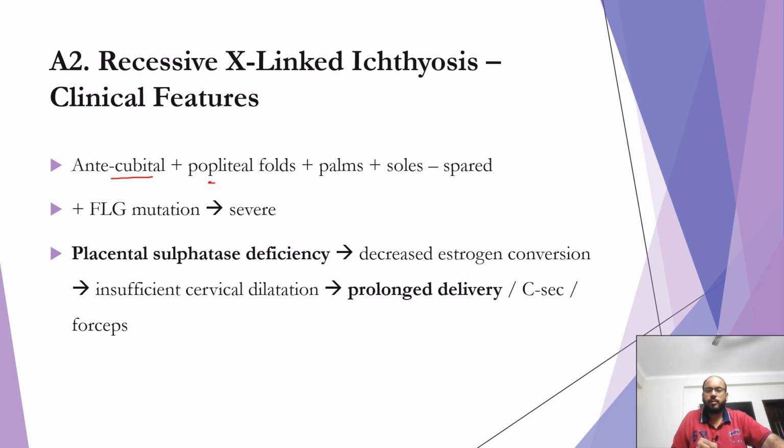The antecubital and popliteal folds, palms and soles are spared, the same as ichthyosis vulgaris. If there is a concomitant filaggrin mutation, that leads to a severe disease.